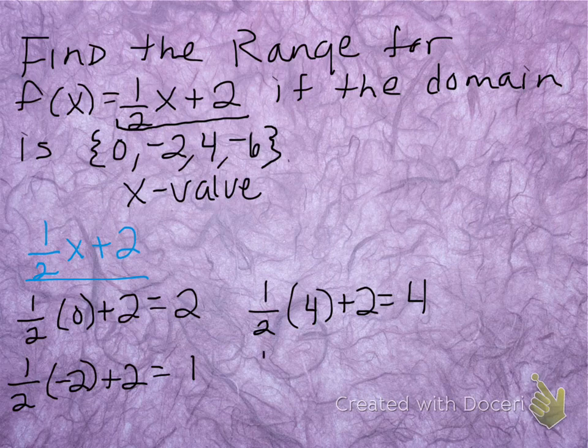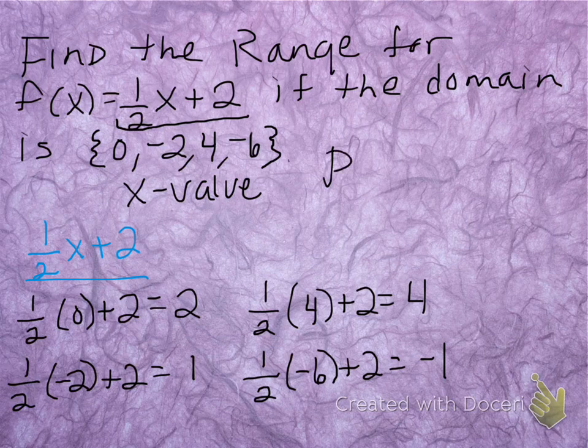And your final value is negative 6, so 1/2 times negative 6 plus 2. 1/2 times negative 6 is the same as negative 6 divided by 2, or 1/2 of negative 6, which is negative 3, plus 2 gives you negative 1.